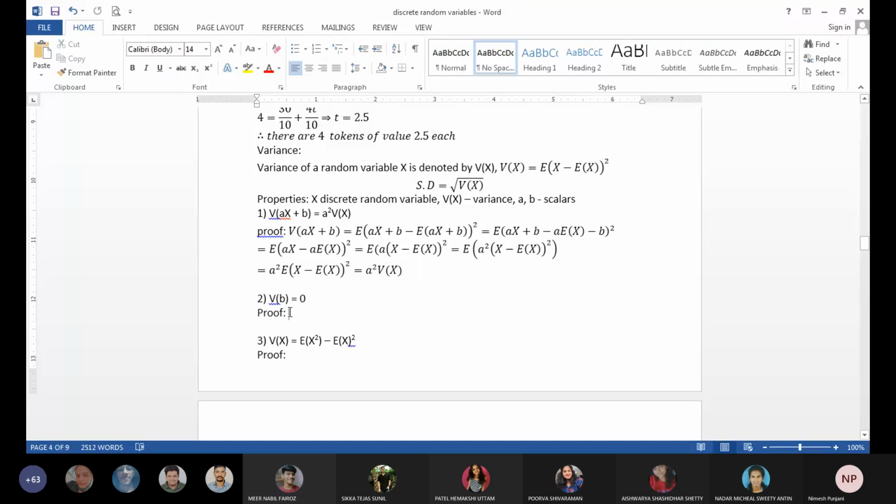Second proof, that is variance of b is equal to 0. That is the second property.